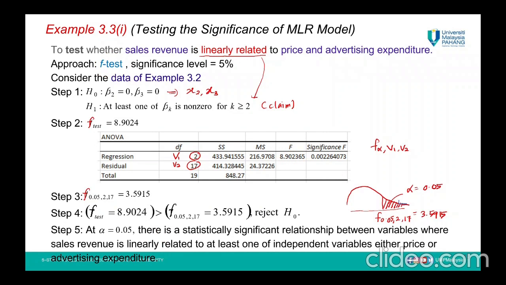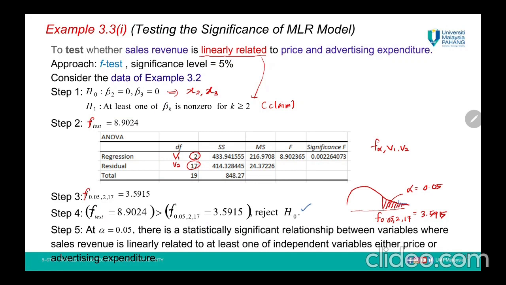Now we go to step 4. In step 4, we want to make a decision for H0. By comparing the F-test and the F critical value, the F-test is greater than the F critical value, and note that the F-test is a right-tail test, so the decision is reject H0.